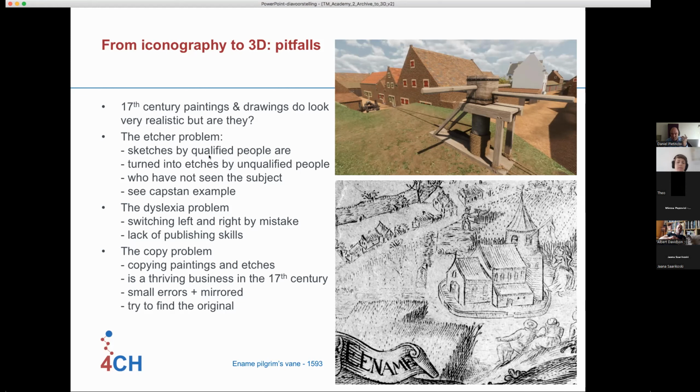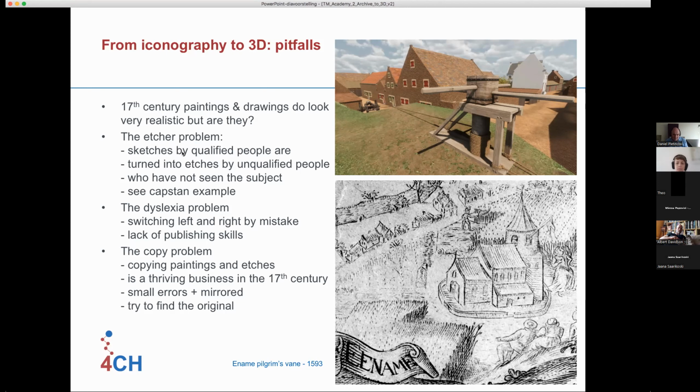The first problem I called the etcher problem. Today, we have our smartphone, we just push the button and we have an image. But making images in the 17th century was a bit different, and especially images that could be distributed, that could be printed in a large volume. But making an image was typically making a sketch.